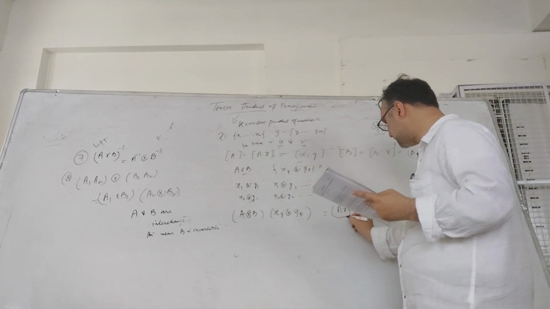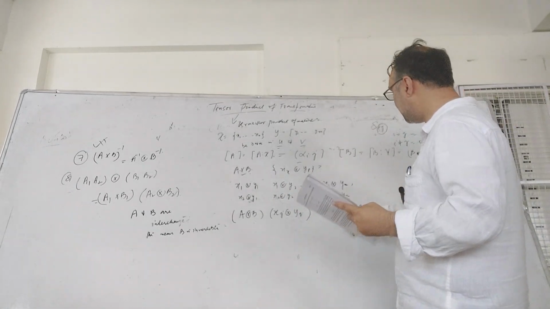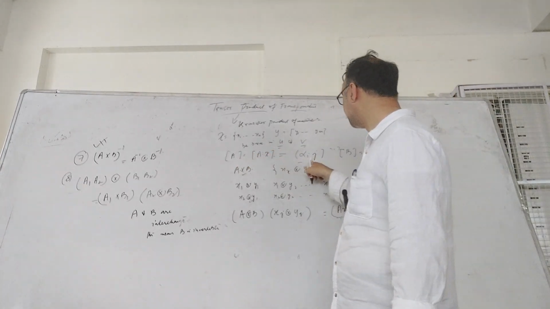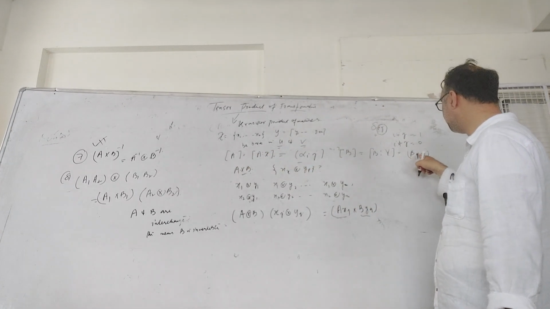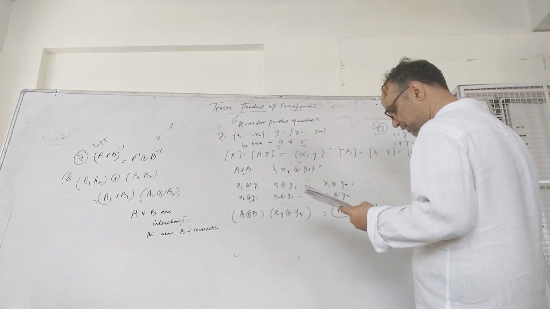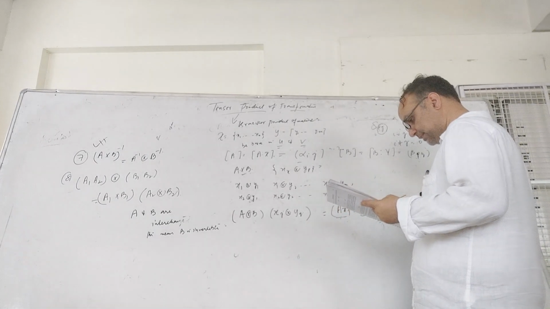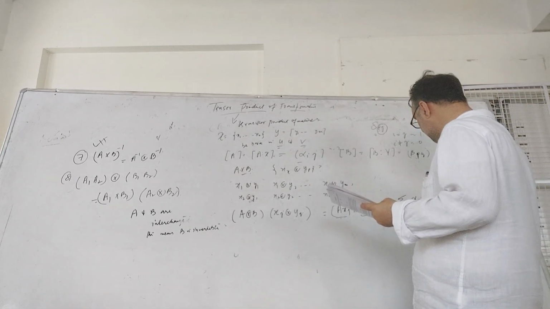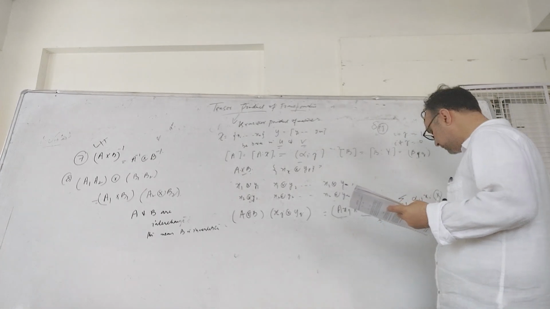Now we are going to write A in terms of alpha ij, and B in terms of beta pq. So we can write it like this, as a product of matrices.